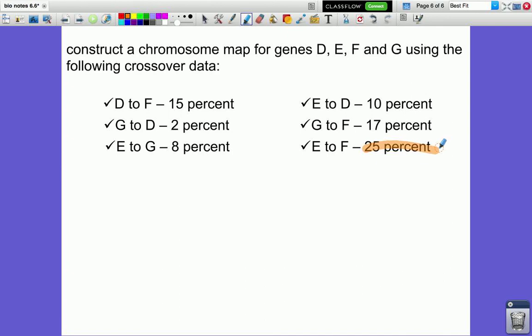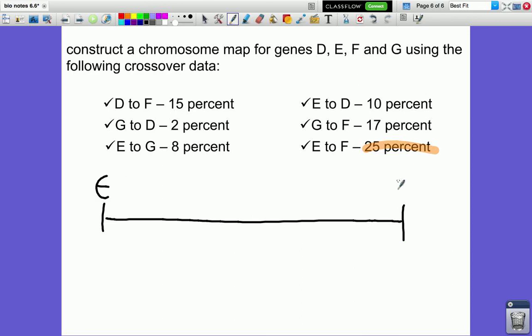That's going to be the biggest separation because those two genes, E and F, get separated more often than any other two genes. So I know that my extremes in this map from one end to the other are going to be E and F. And there are 25 map units in between because they get separated 25% of the time.